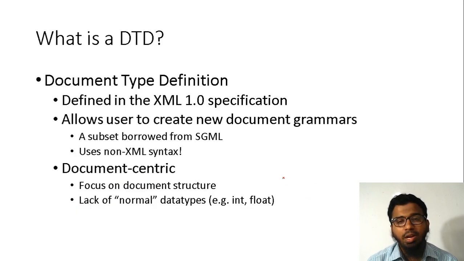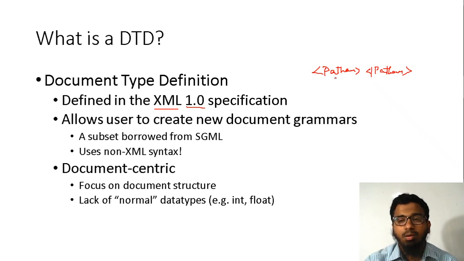What is document type definition? It is in the XML 1.0 specification. It allows users to create a new document grammar. Whenever the user wants, they can create a new document grammar. As I told you, in XML you can create your own tags. I can create my own tag also, like Pathan, but that should follow a grammar.